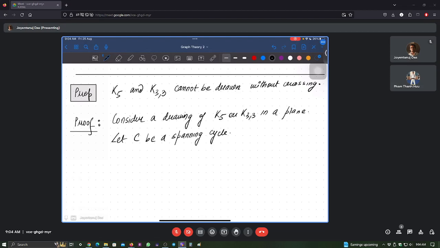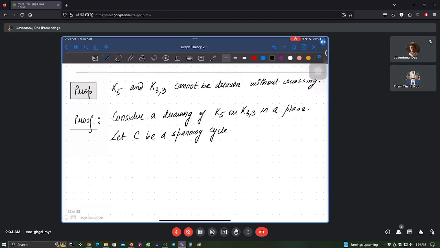We'll prove by contradiction. Suppose the drawing does not have crossing edges, then C is a closed curve.